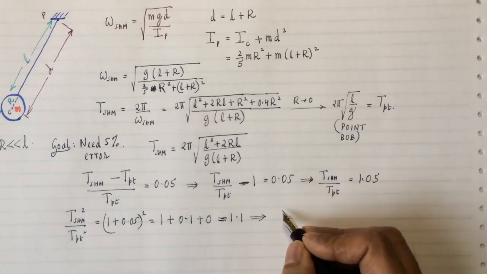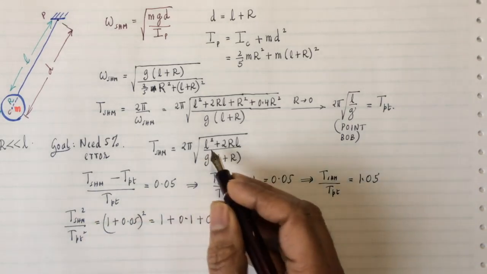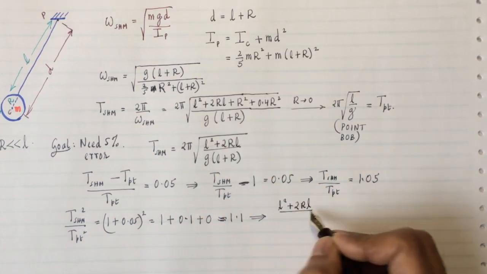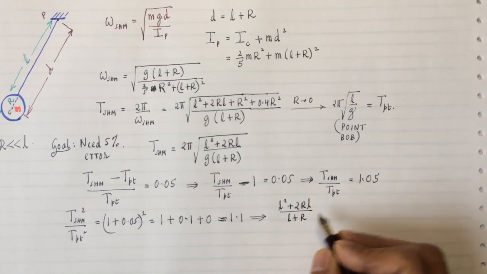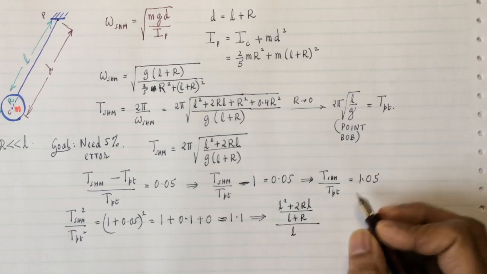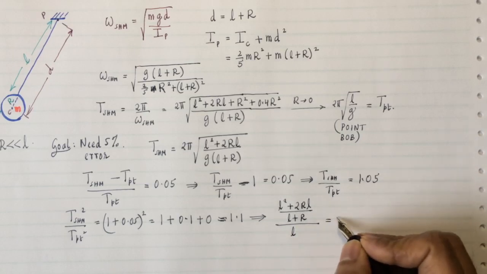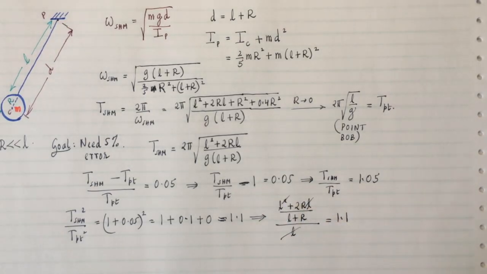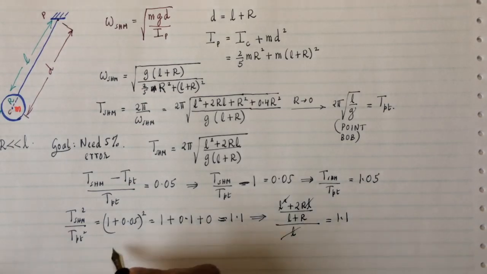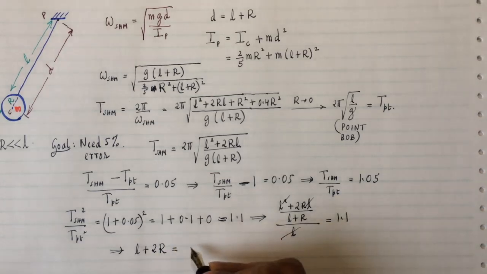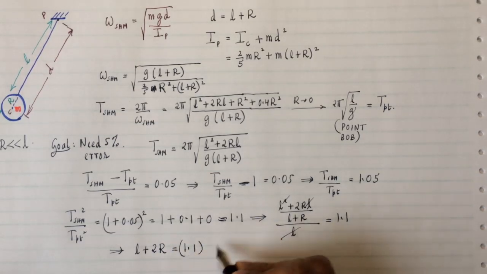So when I square this, I'll end up getting L squared plus 2RL divided by L plus R, and when I square that, I just get an L, and that all has to be equal to 1.1. So we're getting somewhere now. The L's can be cancelled, and now I have this wonderful little equation that's telling us something really interesting. L plus 2R is equal to 1.1 times L plus R.